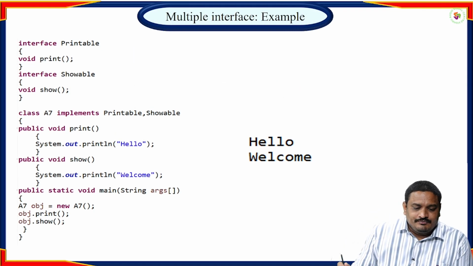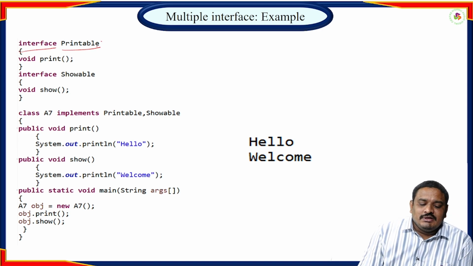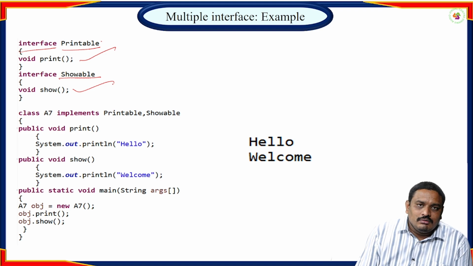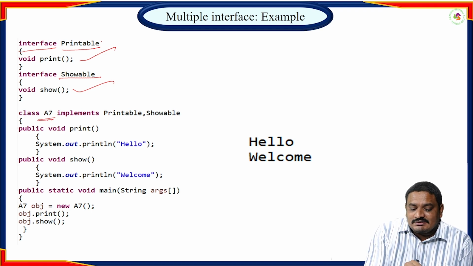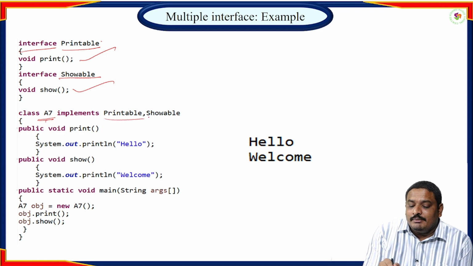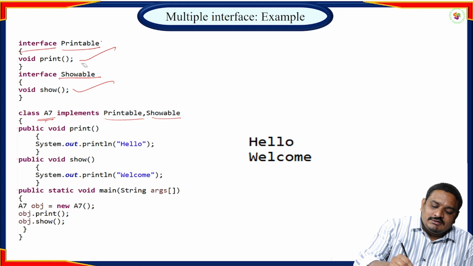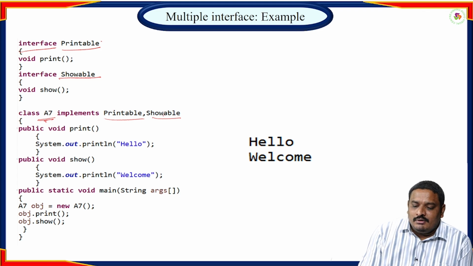See this example. Here this is the interface name. This interface has the print method, and this interface has the show method. Now we are creating one class, the A7 class. A class can implement multiple interfaces.